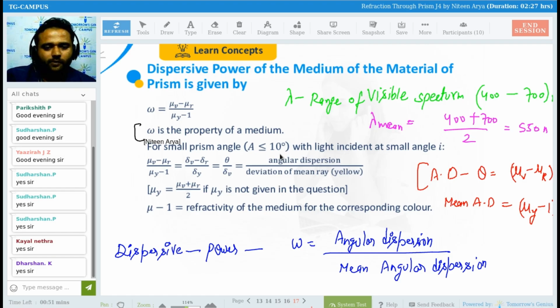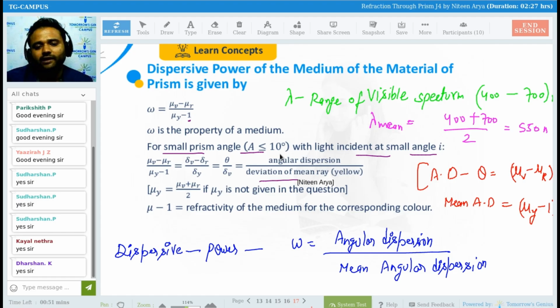If it is clear, everything is just formulation and again representation for small angle. So that is a property of a medium. One thing for sure also, it is changed according to the medium. Why is it changed according to the medium? Because the moment you change the medium, it is going to change. Okay. For a small prism angle A less than or equal to 10 degrees with light incident at a small angle i, everything we are going to put: theta is angular dispersion and delta y is the deviation of the mean ray, which is yellow.